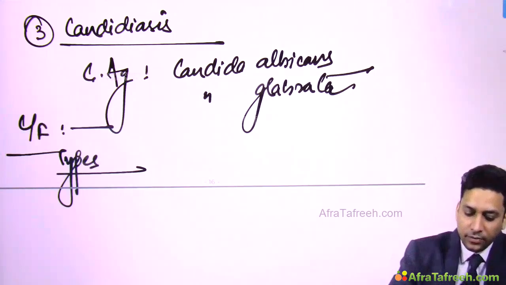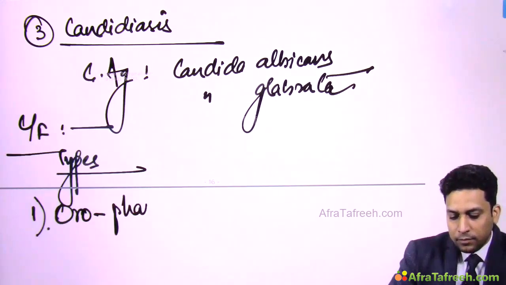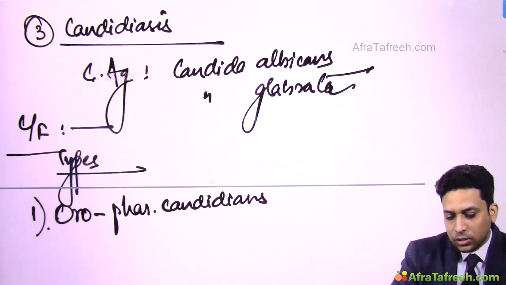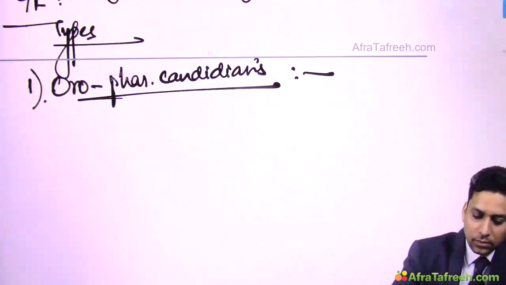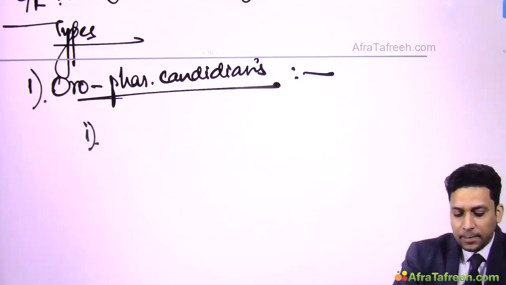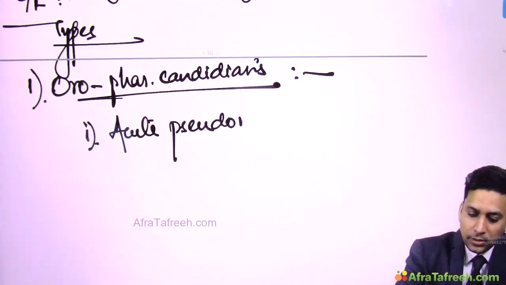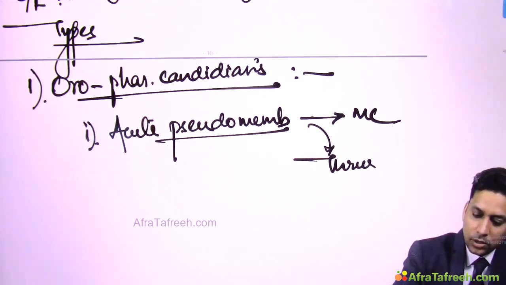First is oropharyngeal candidiasis, or simply oral candidiasis. This is further divided into subtypes like acute pseudomembranous. This is the most common type, commonly known as thrush.